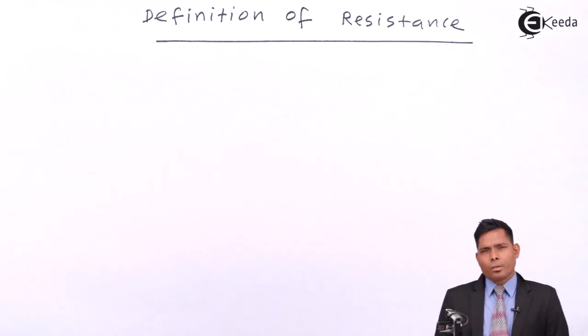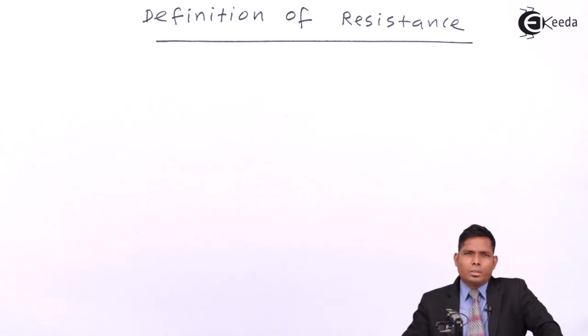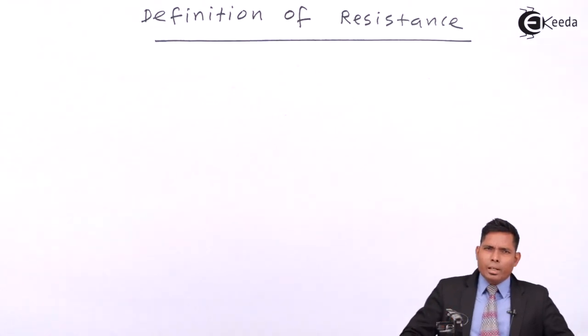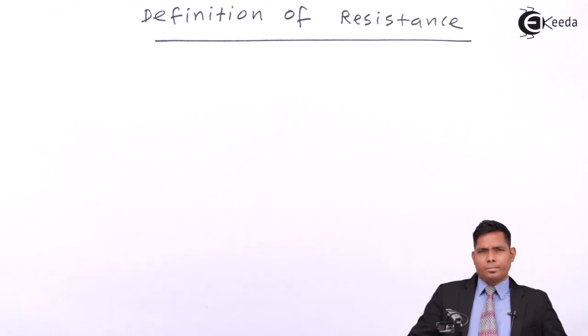This means that you have to overcome the resistance in order to flow the charge in the circuit. So to do that, electric field is to be set up, and therefore potential difference is required.